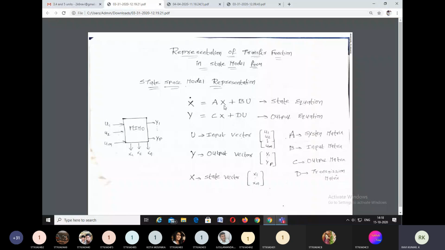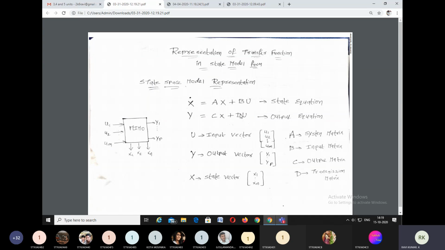Suppose I am giving u1 and u2, two inputs, at the same time to the system. So what are the outputs y1 and y2 for that system, right? Here the output y can be obtained as c into x plus du. That is, the output depends upon the present state of the system and also the inputs of the system, right?